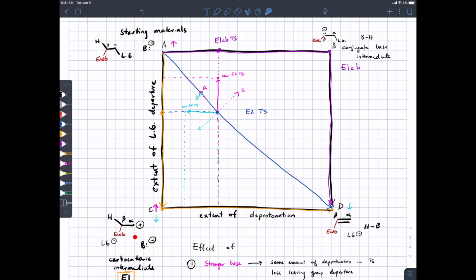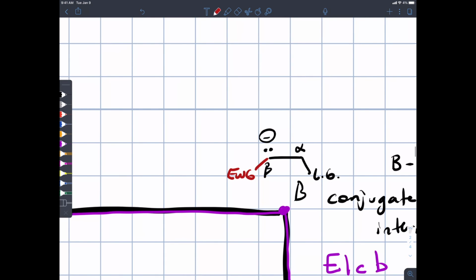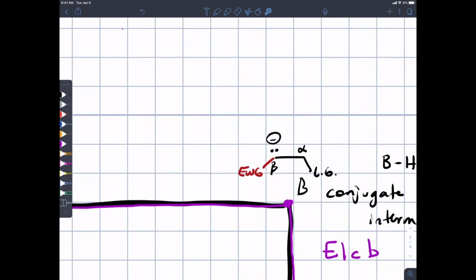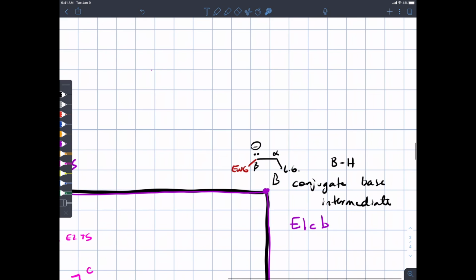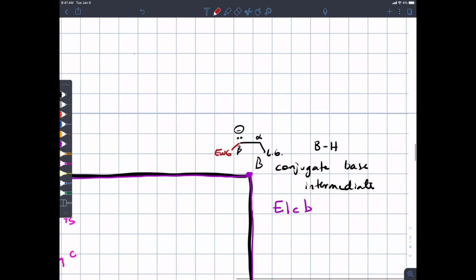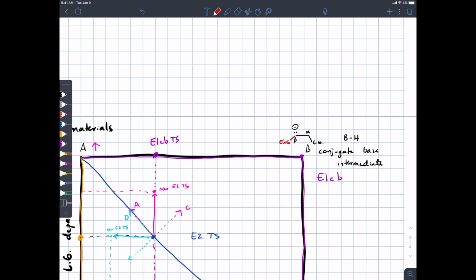You've got a positive charge and you're withdrawing electron density there, so probably there's an increase in energy for C. How about B? What do you think there? Electron withdrawing group adjacent to a negative charge. What should that do? Stabilize it versus not having that electron withdrawing group there.